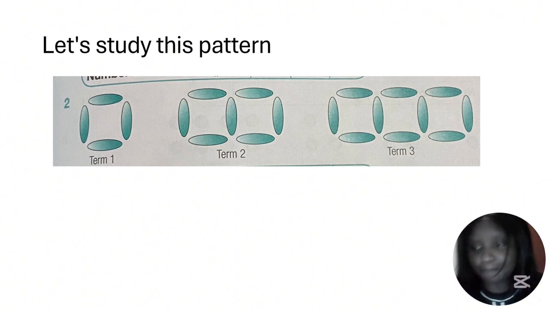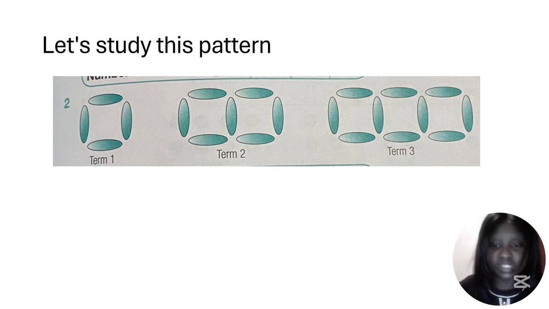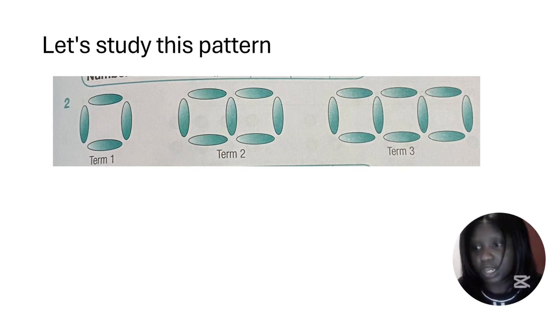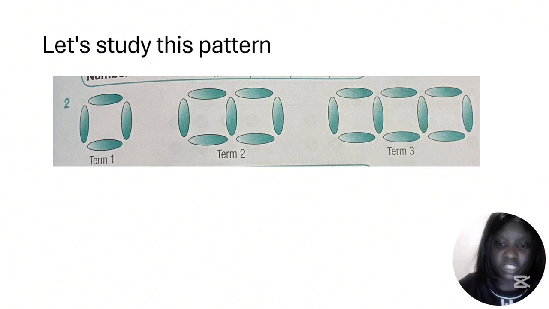We need to remember that in this pattern, we can also put it into a table form. When we put it into a table form, we're able to see how the rule aligns with what we calculate. For example, for the first term, we have 4 seeds, so we can say 2 times 4 equals 8. That's another method, actually.